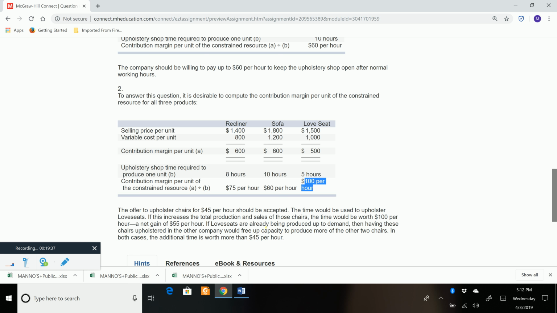So if someone is offering to actually do the work for us for $45 per hour, we should accept it, because each of these three has a higher contribution margin per hour than the extra $45 per hour that we would need to pay in order to do the upholstery. So absolutely, it would be worth it.